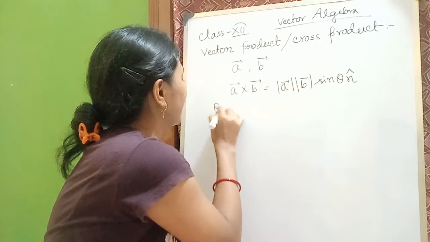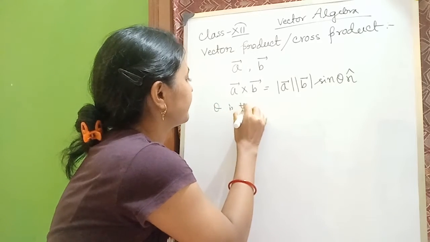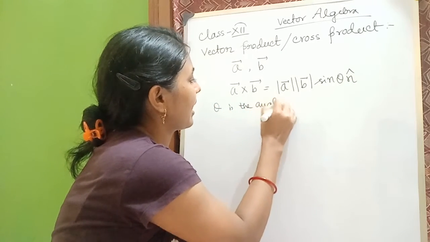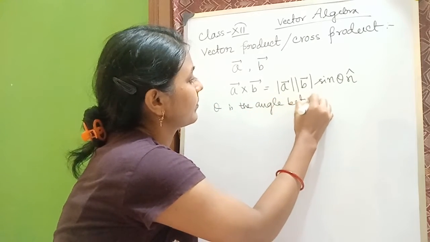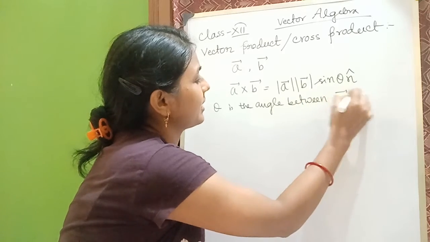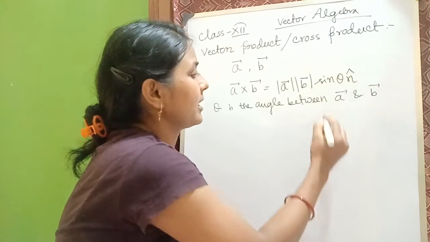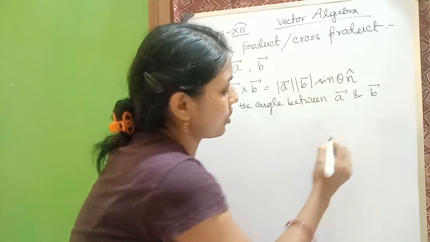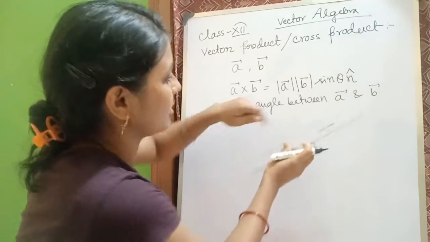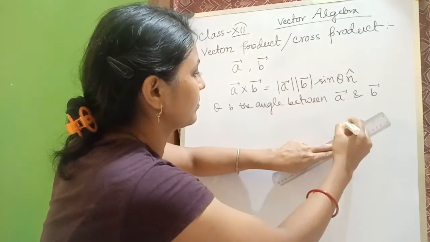Now theta is the angle between A and B. And for understanding n, we need to draw a line.